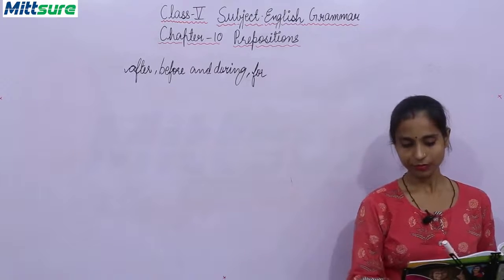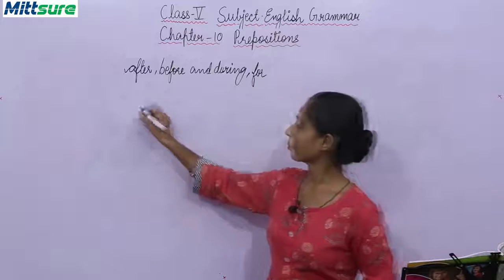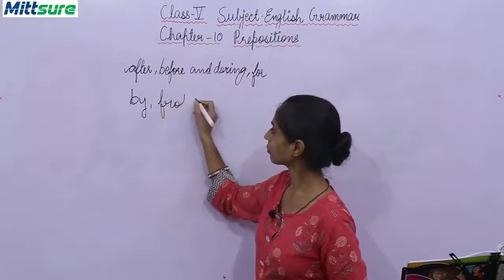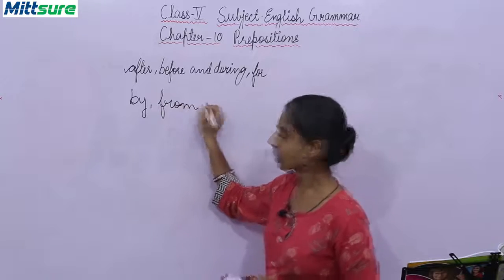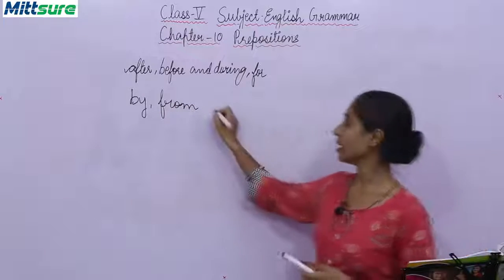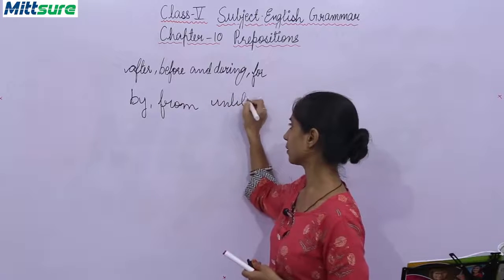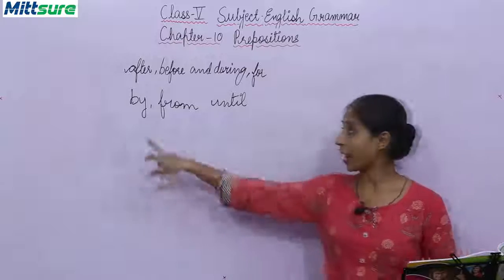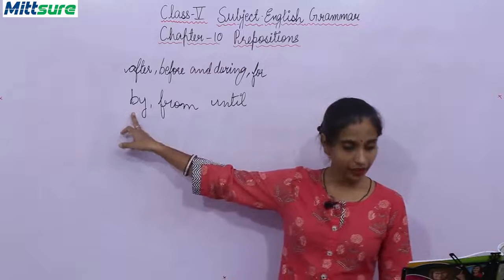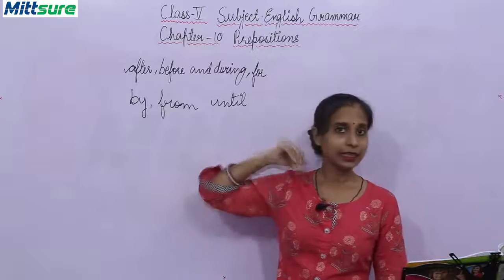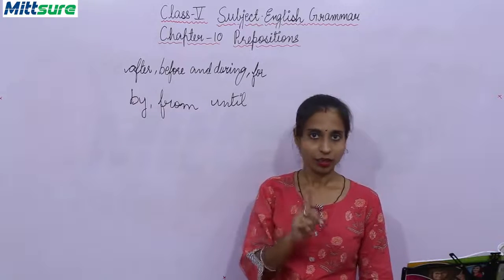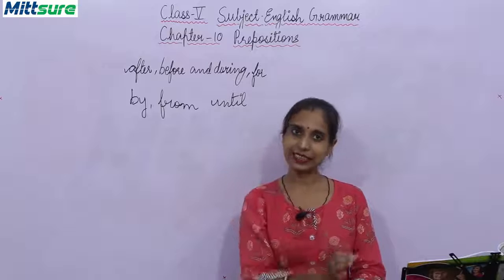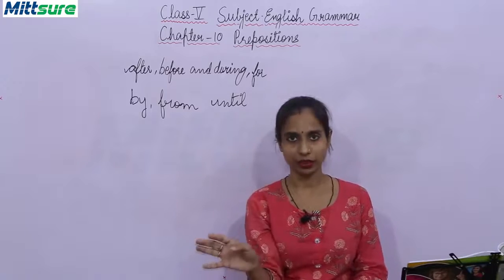Next, uses of by, from, and until. Now, we use by to mean not later than. By means you are telling that by this time I want the work to be done.